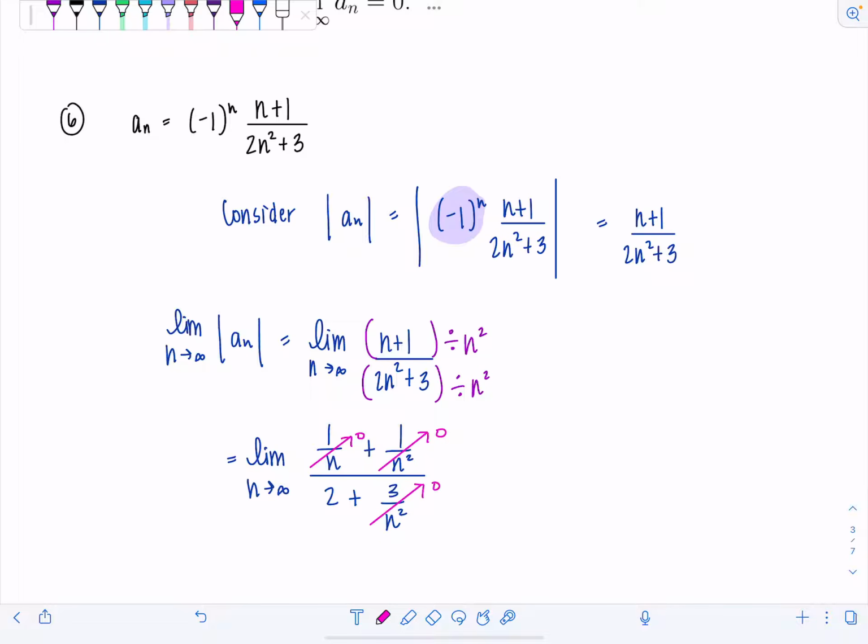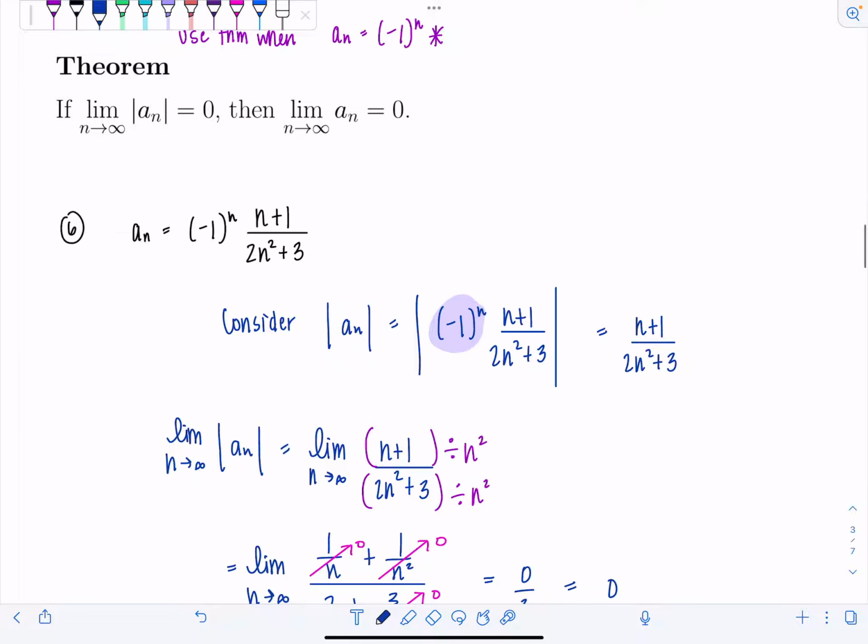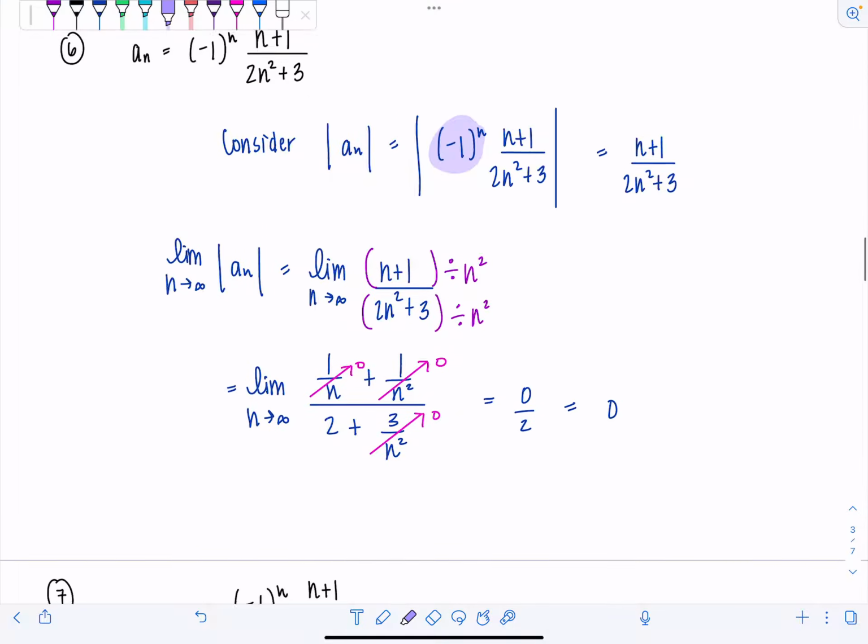Same as 3 over n^2. So all I'm left with now is 0 over 2, which is 0. I'm so excited because remember, what did my theorem say? If the limit as n approaches infinity of the absolute value of the terms is 0, then the original limit as n approaches infinity of the sequence is also 0.